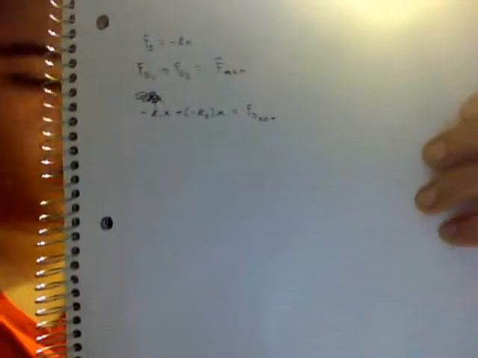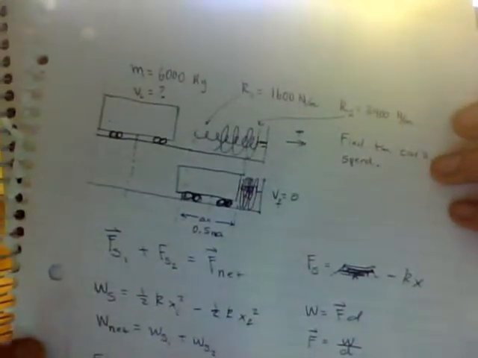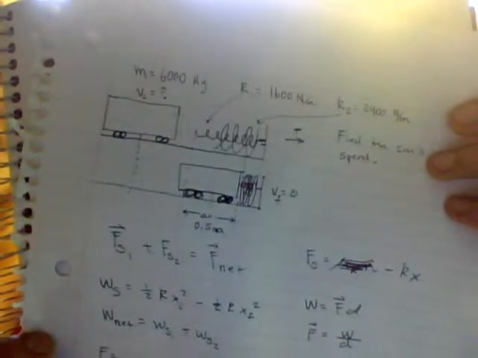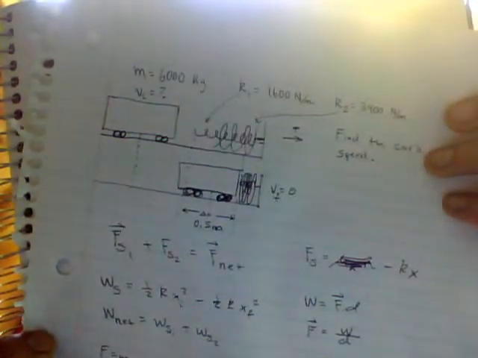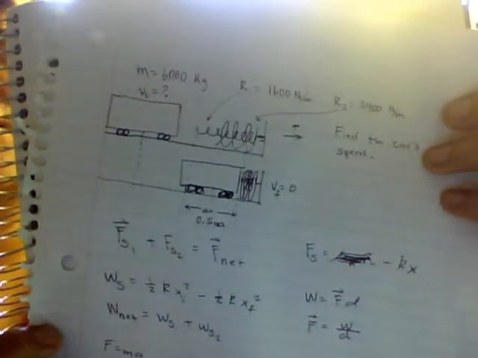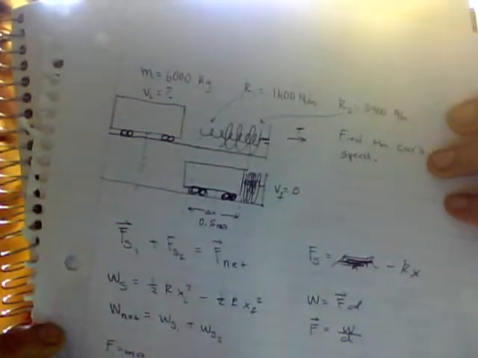We know from the problem that the first spring actually compresses 3.3 meters before it begins to act on the second spring. And it compresses for a total of 0.5 meters, so that means the second spring should be compressed a total of 0.2 meters.